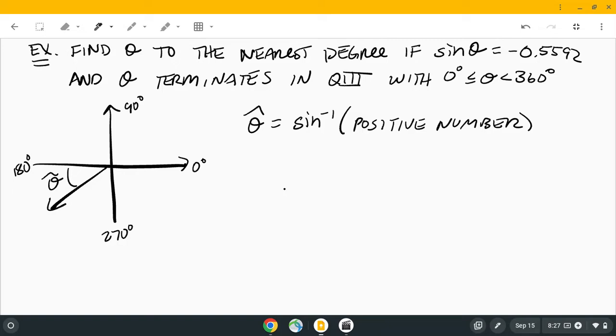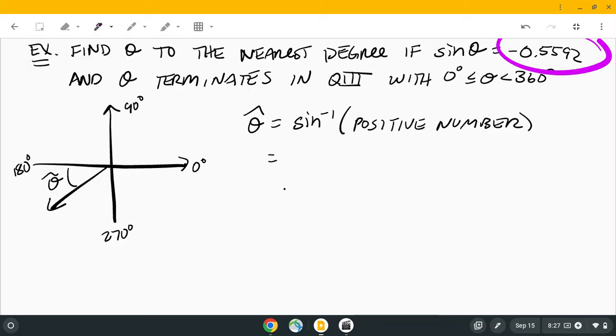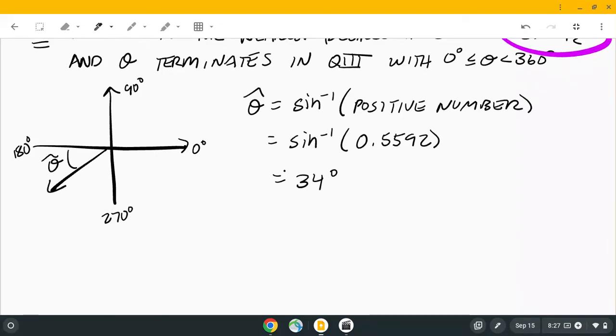Even though this here is negative, we will always enter the positive, that way we get the positive reference angle. So we get sine inverse of positive 0.5592, and when we punch that into our calculator and round off to the nearest degree, it's going to be 34 degrees. That's our reference angle.